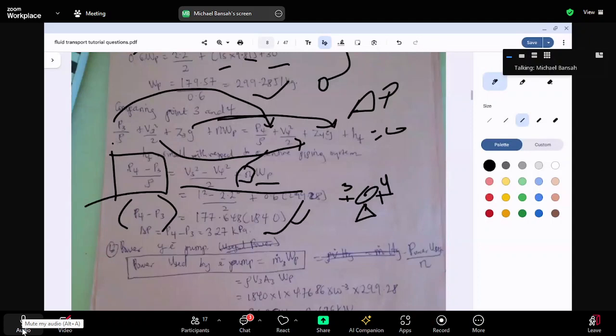You get this value. It is P4 minus P3 over rho, so it's change in P over rho. Whatever answer I get, I have to go back there and multiply it by the rho. That's why the 1840 is here, it is the density.